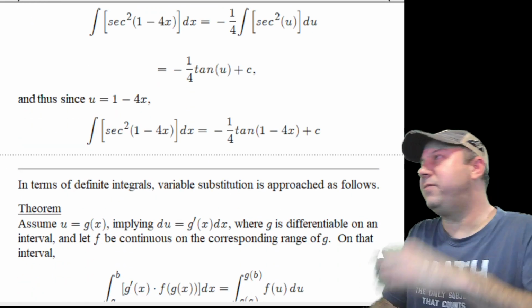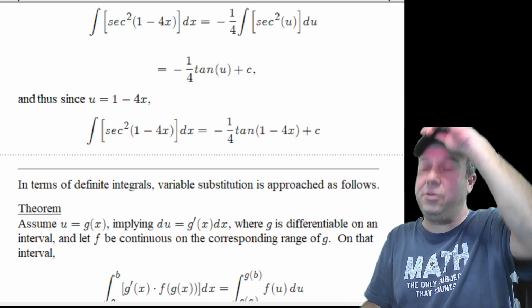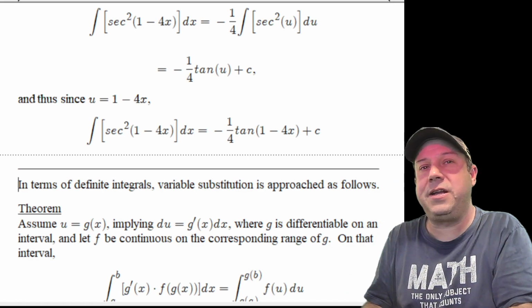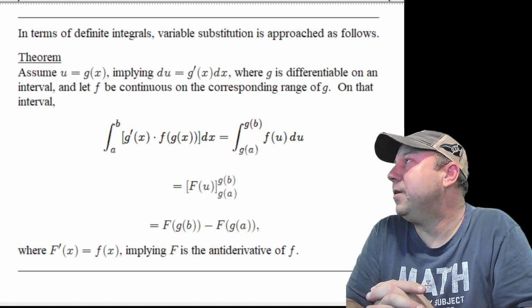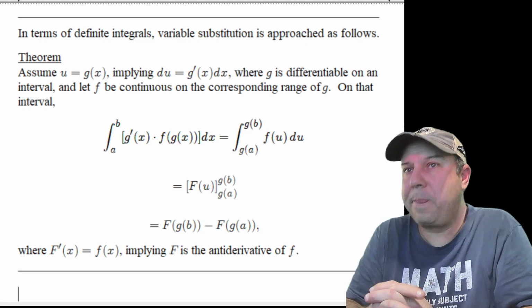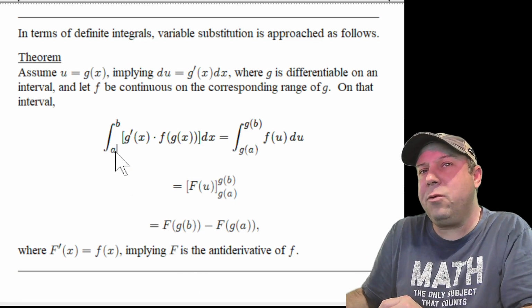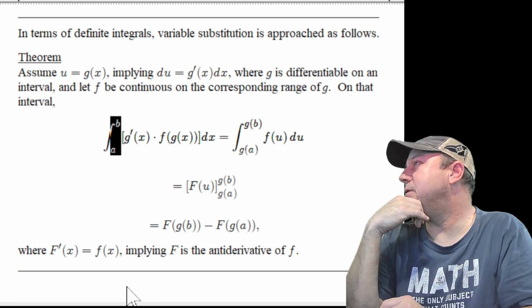Now, in terms of definite integrals, variable substitution is approached as I illustrate here in this theorem. Very similar setup to the theorem, except now we incorporate the bounds from a to b in our calculation.